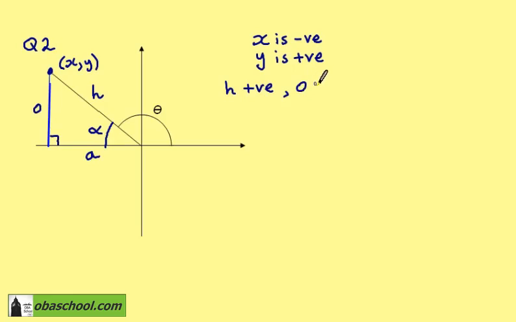O is positive, since it's above the x-axis, and therefore y-coordinates here are positive. But A is considered to be negative, since it's on the negative x-axis.